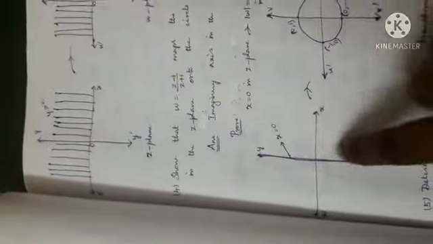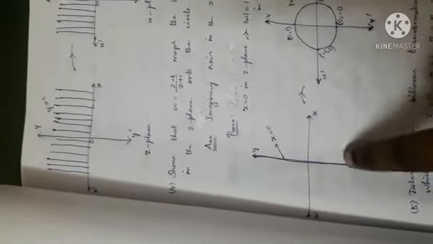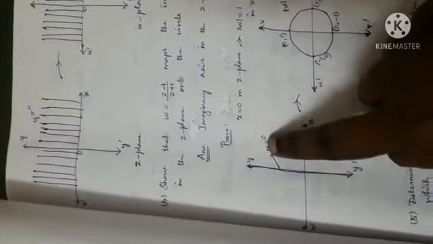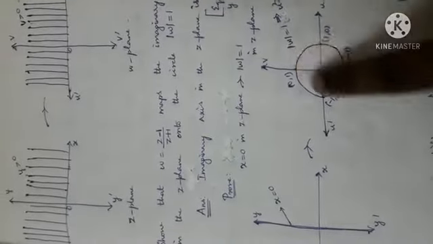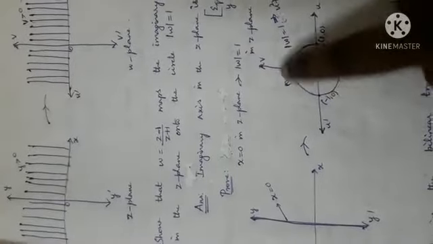So the imaginary axis, I have darkened the axis, you can see. The equation of the y axis is x equal to 0, and this is u square plus v square equal to 1. If it is less than 1, we shade the region. If it is equal to 1, it denotes the circle, the boundary. Homework, okay?